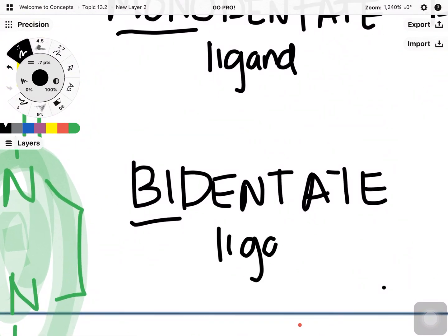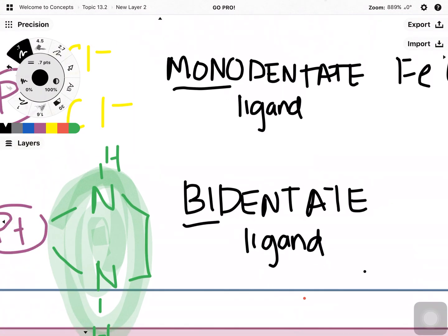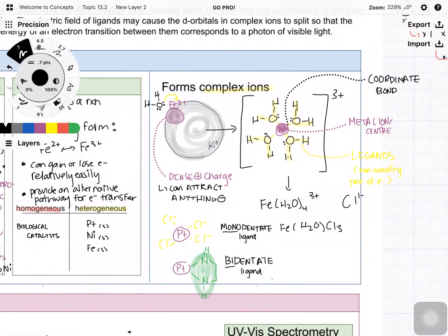Okay, so once again, transition metals, because of their high density positive charge, can attract almost anything negative, including electrons. What results is coordinate bonds between the ligands that have electrons that aren't bonded and the metal ion, and we form a complex ion. There are 2 different types of ligands that we can look at in IB chemistry.